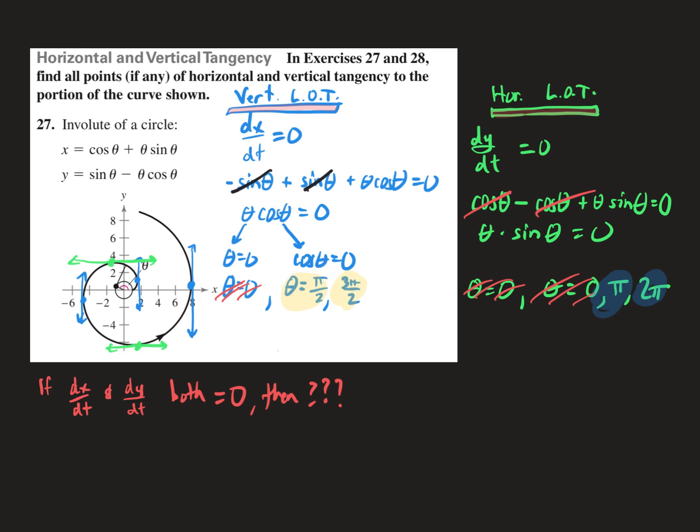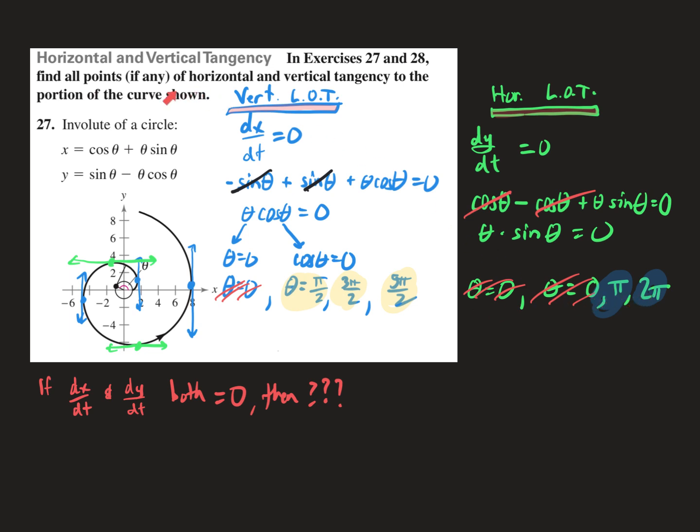We knew that pi over 2, and then 3 pi over 2, and then 5 pi over 2. So in this picture, in the portion of the curve shown, we're going to have 3 vertical lines of tangent and 2 horizontal lines of tangent.